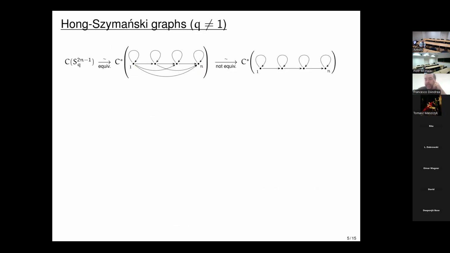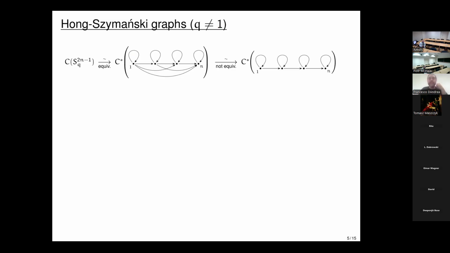You number the vertices from 1 to n, and for every vertex i, you have an arrow going to the vertex j when j is greater than i. So you have arrows going from left to right. This is the picture in particular for n equal to 4. Here, the deformation parameter from now on is different from 1. So I'm really looking at the non-commutative case.